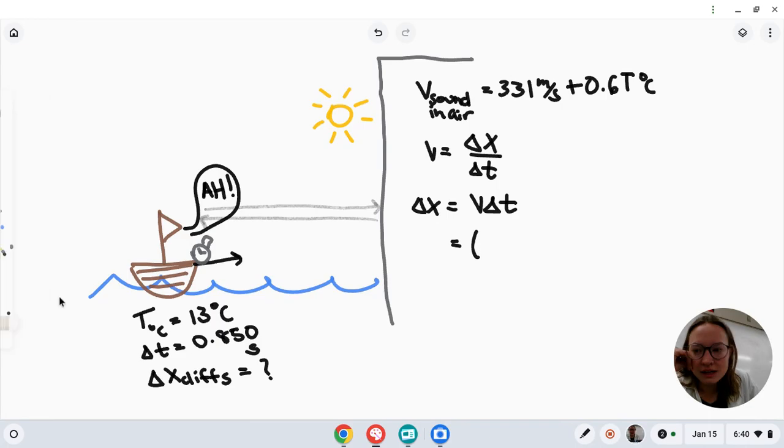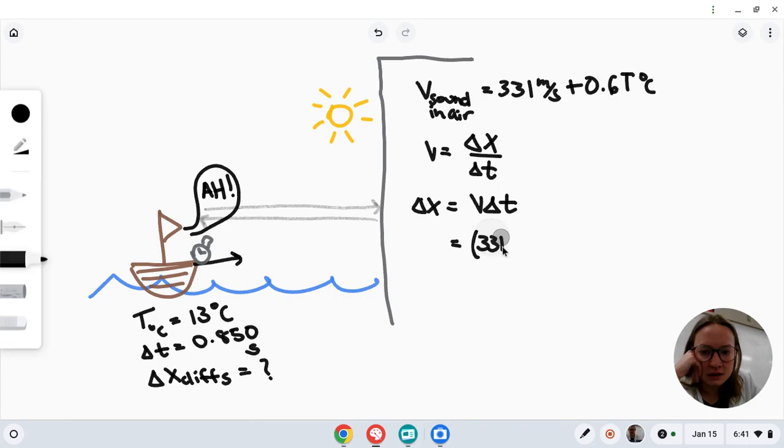It's going to be 331 meters per second plus 0.6 times the temperature that day in degrees Celsius times the time that it takes for him to hear his echo. And that's going to give the distance that the sound wave travels.